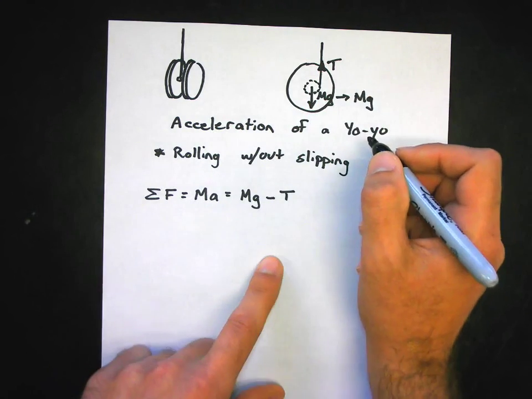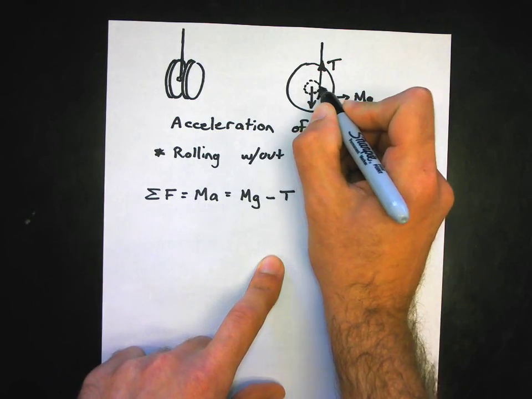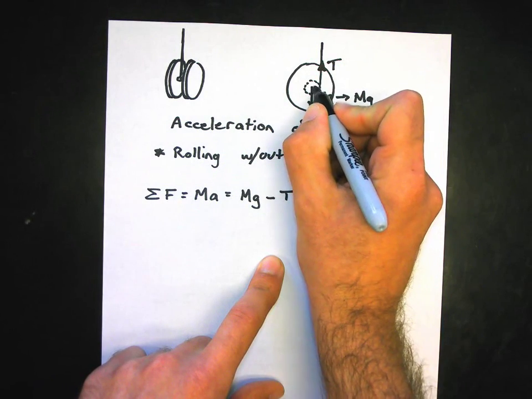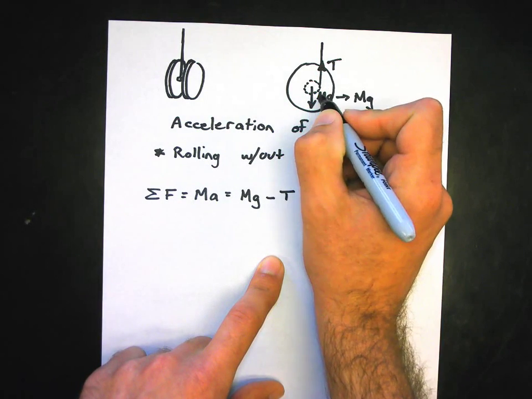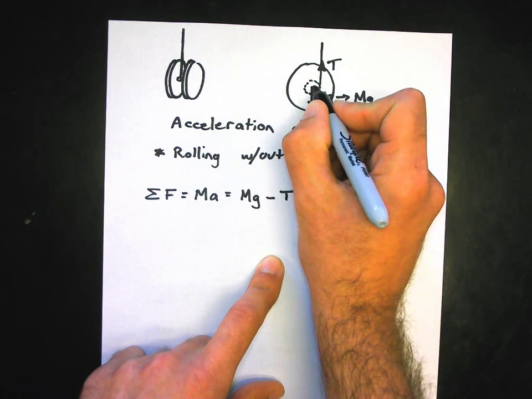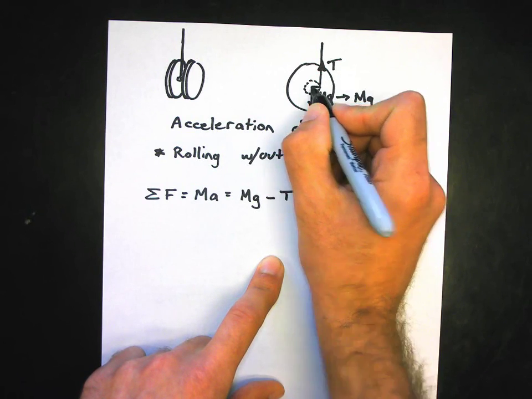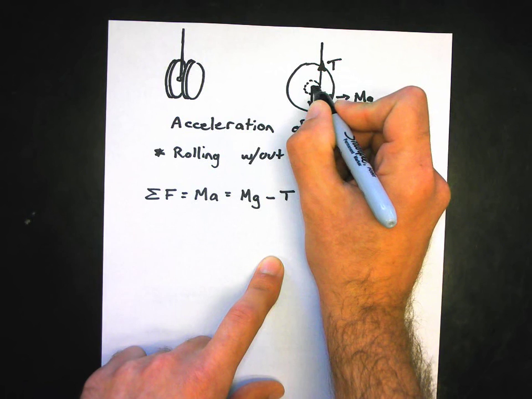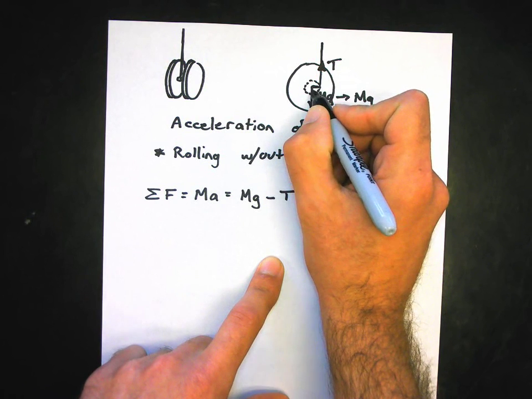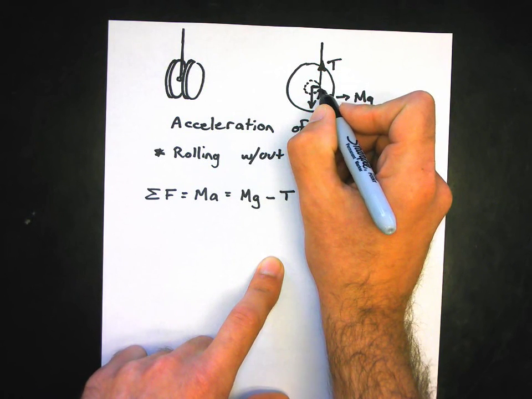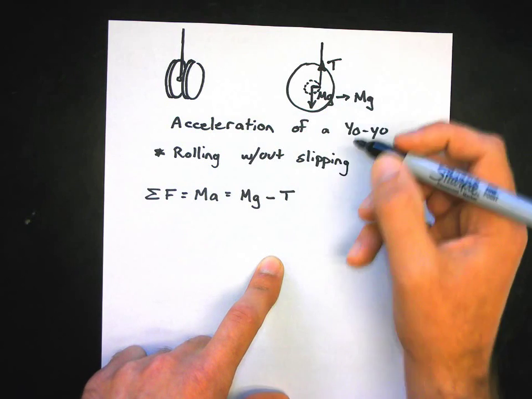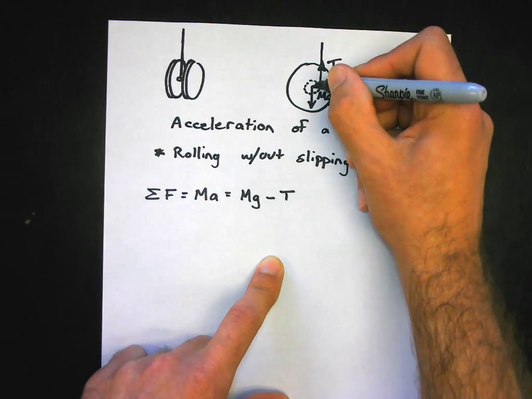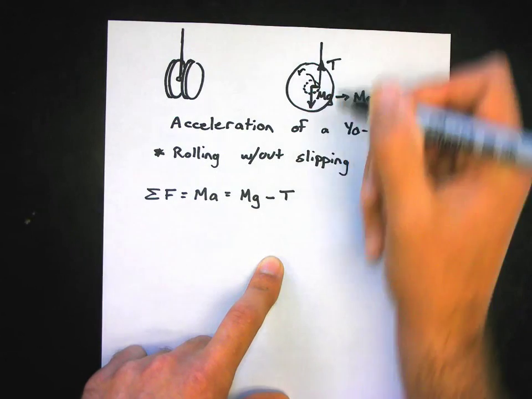And remember, using torque concepts, we need a moment arm. So that moment arm needs to be perpendicular to that tension and going to the center of the yo-yo. So it should be right there. That small moment arm going from the center to that outer portion of that small cylinder. So we'll call that little r.